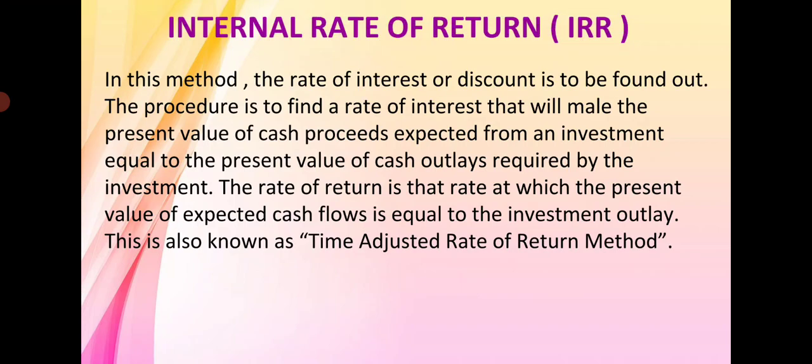The procedure is to find a rate of interest that will make the present value of cash proceeds expected from an investment equal to the present value of cash outlay required by the investment.